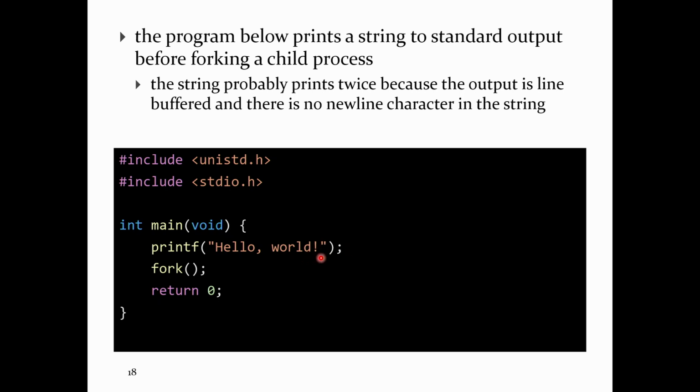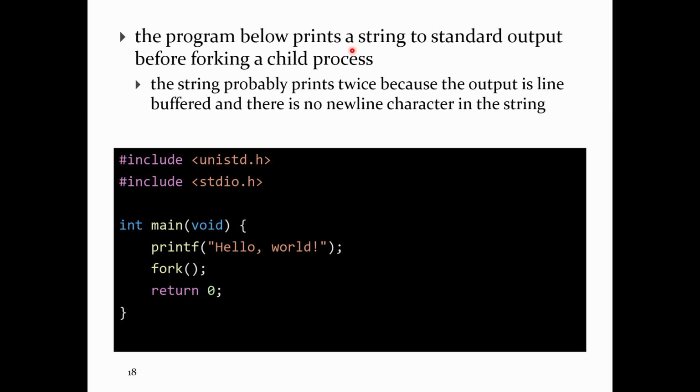Notice there's no \n here. So no output will appear until a new line character is printed or the buffer is full and gets flushed. That's not long enough to fill the buffer, so it won't get flushed automatically. There's no new line, so the output just sits in memory for a little while until the program returns.